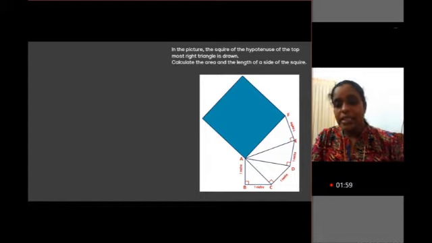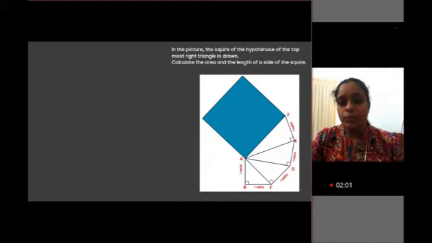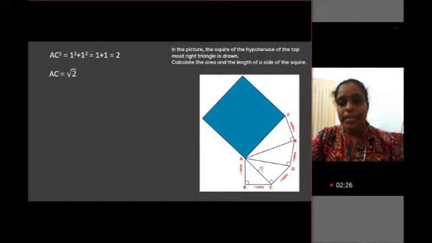So AC square is equal to AB square plus BC square. Here AB is 1 meter, BC is 1 meter. So AC square is equal to 1 square plus 1 square, that's equal to 1 plus 1, that's equal to 2. AC square is 2, so AC is root 2. So this length is root 2 meter.